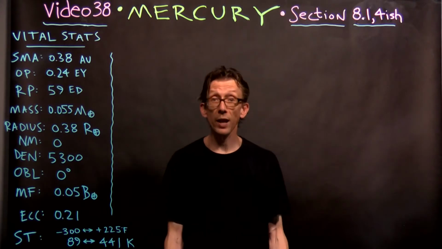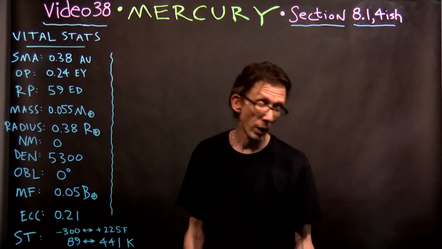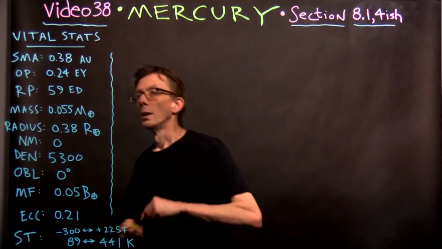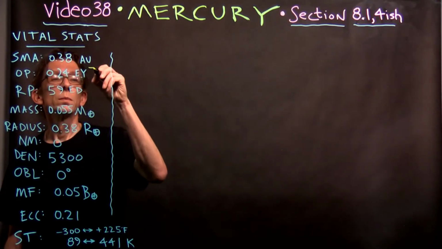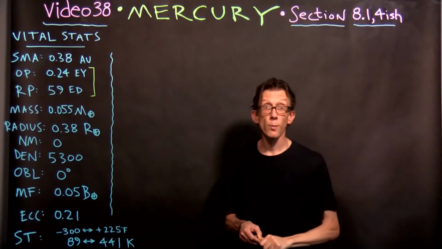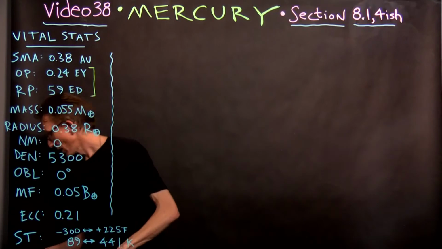Okay, so those are the vital stats for our new friend Mercury. But what I want to dig into a little bit are these two numbers right here. Let's do a little math with those. Let's put them in the same units.